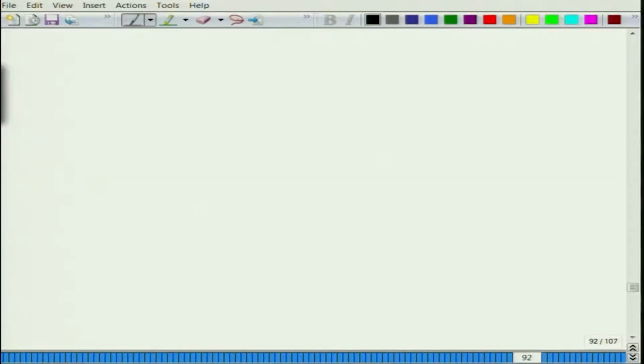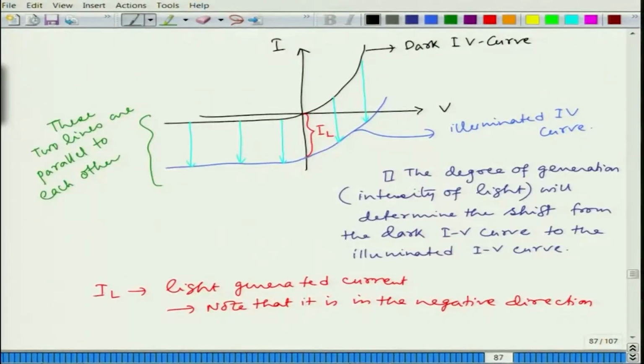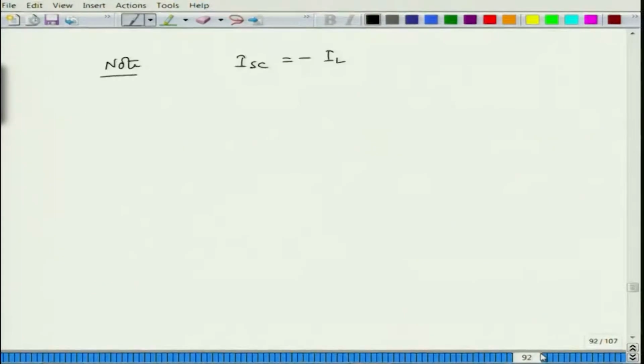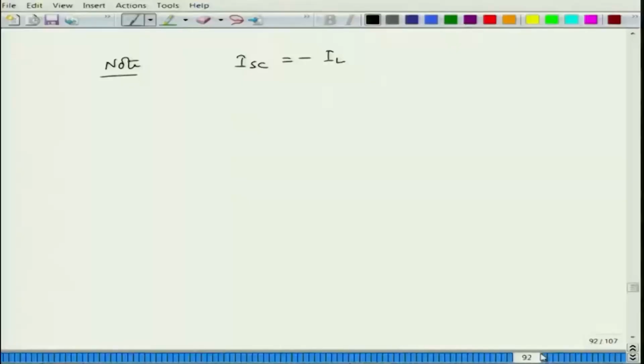Okay. So, some quick notes. Note that this ISC is nothing but IL. If you look back a couple of slides, IL is the current value when V equal to 0. Now, we have inverted it in the positive direction. So, ISC, the short circuit current, is nothing but the minus of light generated current, okay.